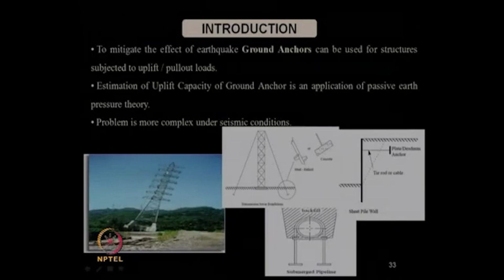But what are the causes of this uplift force or tensile force or pull out load? There will always be huge lateral loads like wind load, seismic load, etc. Because of that, it will try to pull out, right. In addition, in seismic condition there will be some additional pull out load acting on the superstructure, which finally you need to take care of in the ground anchor design.